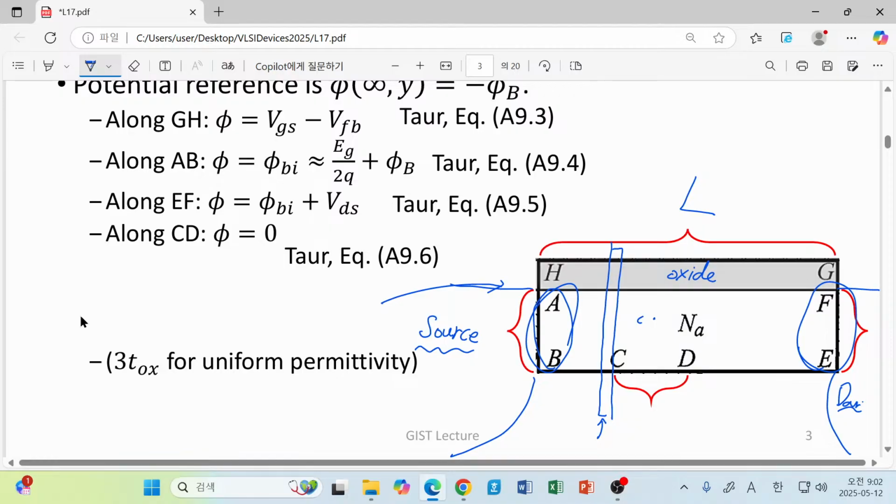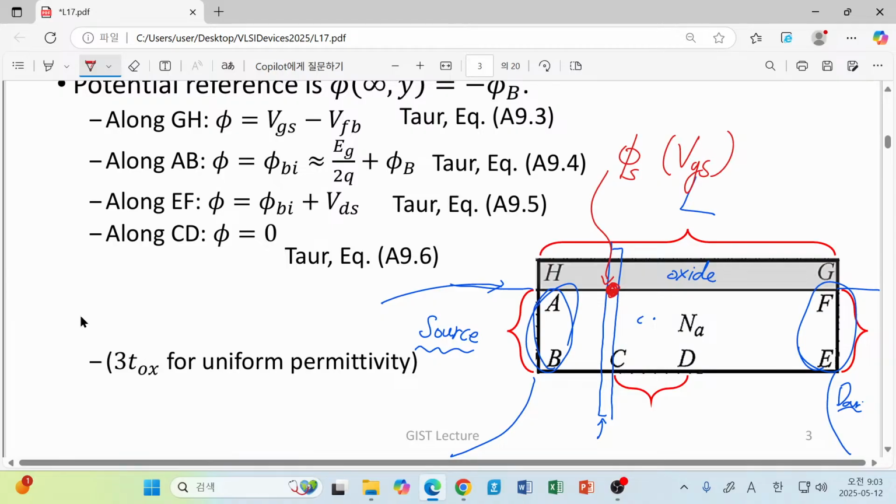In this case, how can we determine the potential at this interface point? The potential at this interface point, frequently called the surface potential, will be determined solely by the gate voltage. If you apply a certain gate voltage, for example 1 volt, 2 volt, that determines this phi s value.